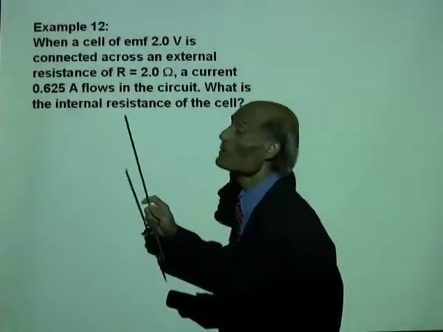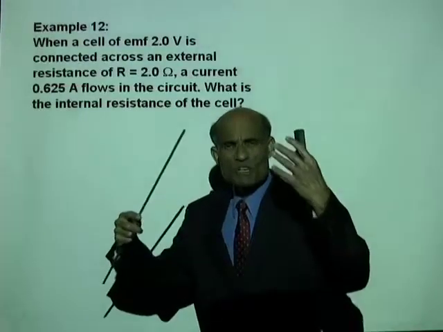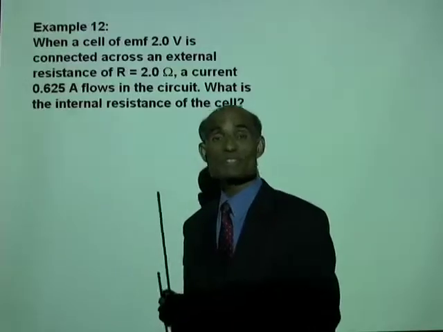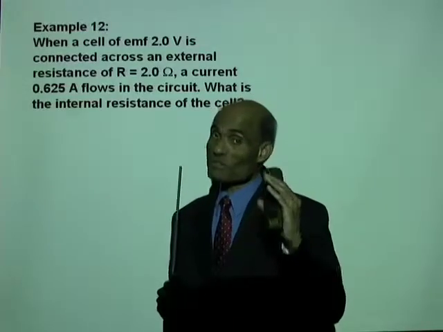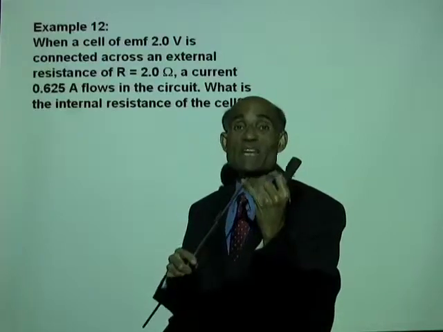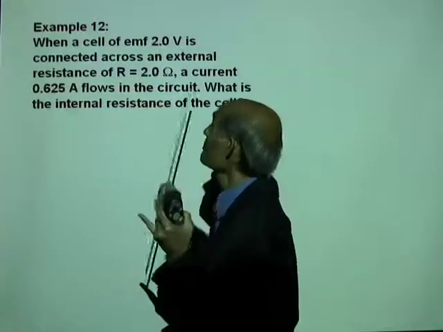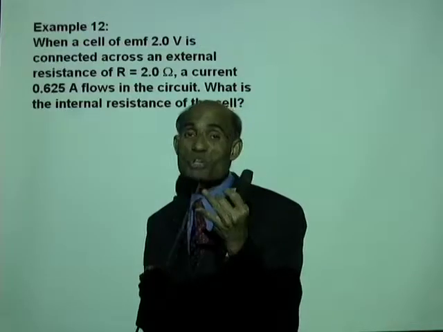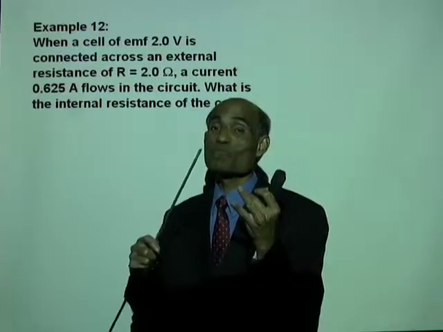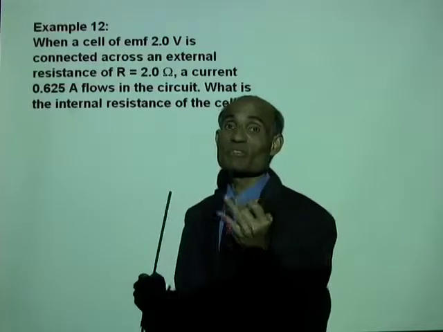Well, look at the problem and figure out what you can do. We need to find the internal resistance of the cell. We have developed a formula for it. For that, we need the EMF, which we have. We need the potential difference across the external resistor. It's called the terminal potential difference.